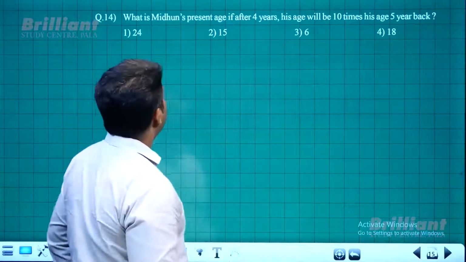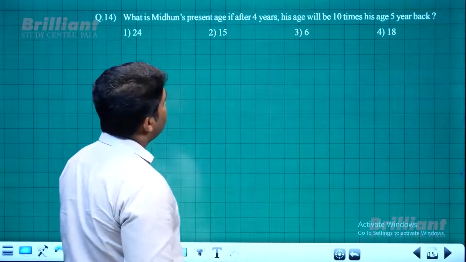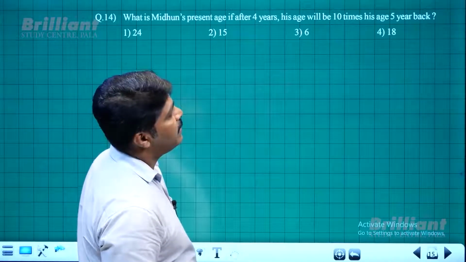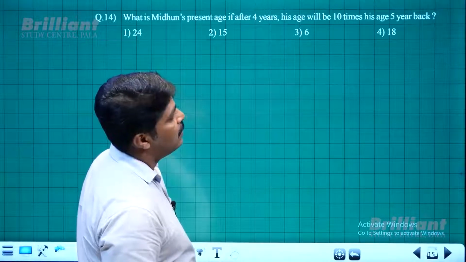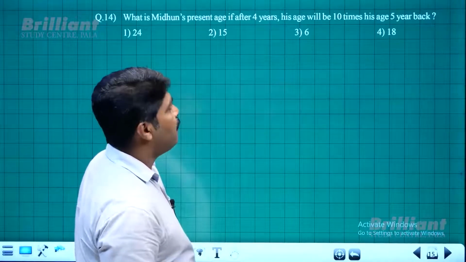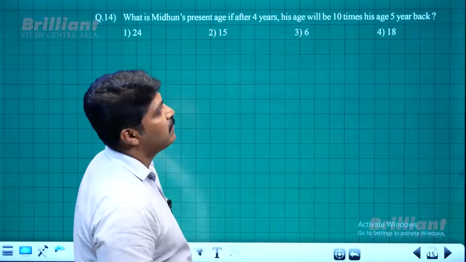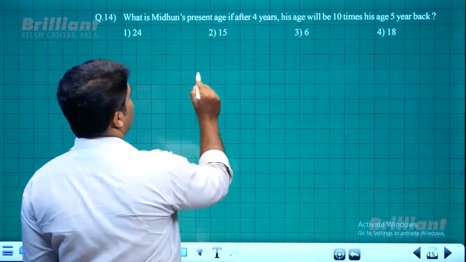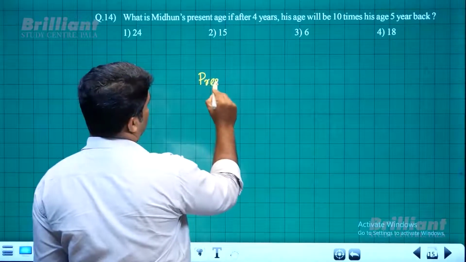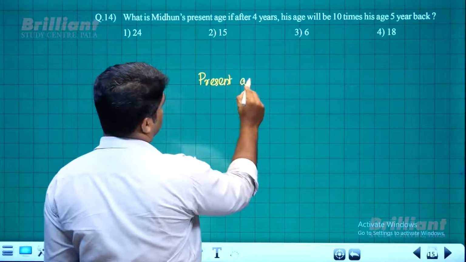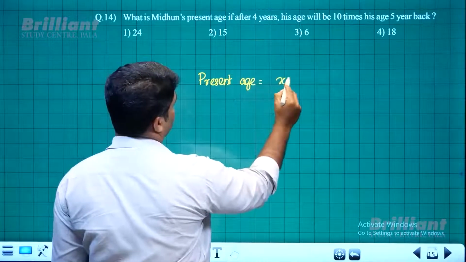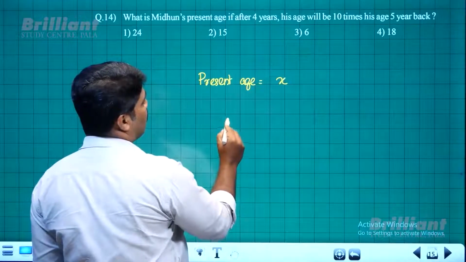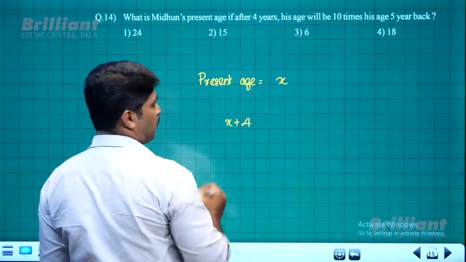Okay. Next question. What is Mithun's present age? After 4 years, his age will be 10 times his age 5 years back. So we just consider the present age of Mithun to be x years. Mithun's age after 4 years is x plus 4.